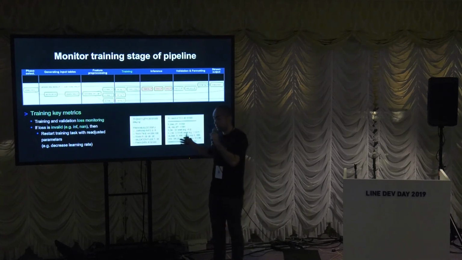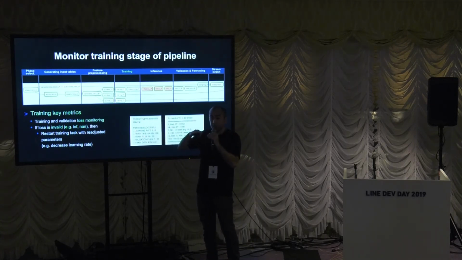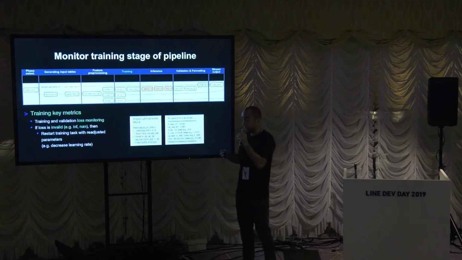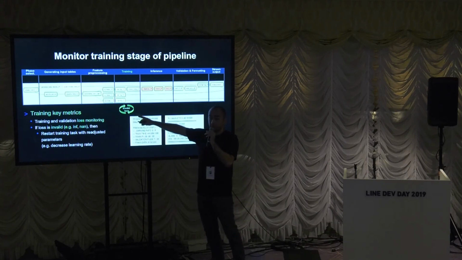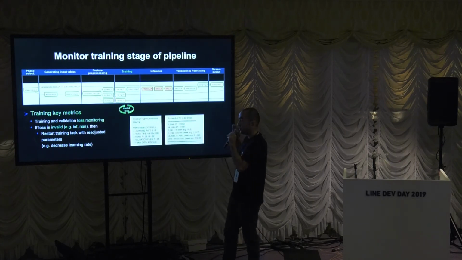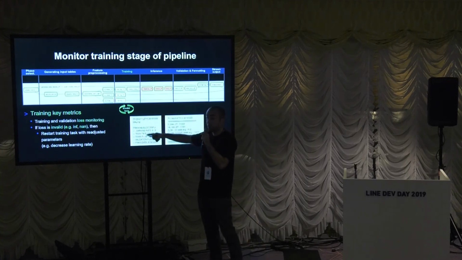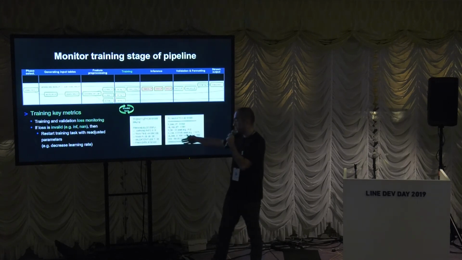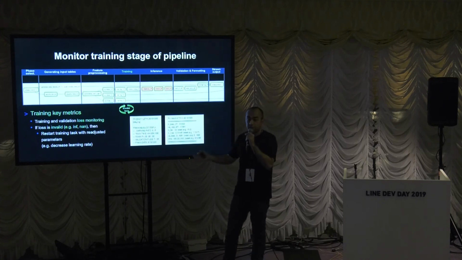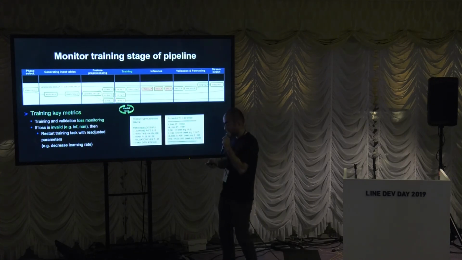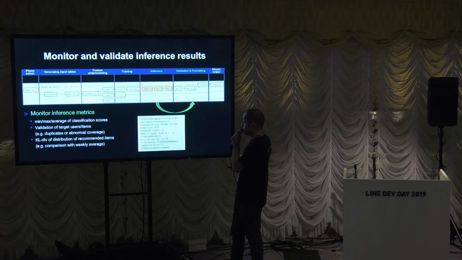One of the hyperparameters we adjust is normally the learning rate. We decrease the learning rate and restart the training again. So if the loss is invalid, we basically restart training, and keep training until the loss is valid. This is one of the key important parts, which you can track all in Airflow. Airflow will keep the logs and also will send the notifications. So this is our implementation. You can send notifications to a Slack channel, to a Line messaging group, or anywhere.